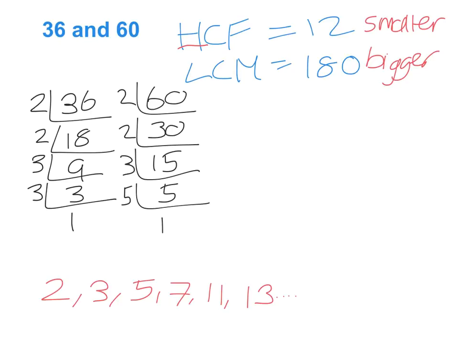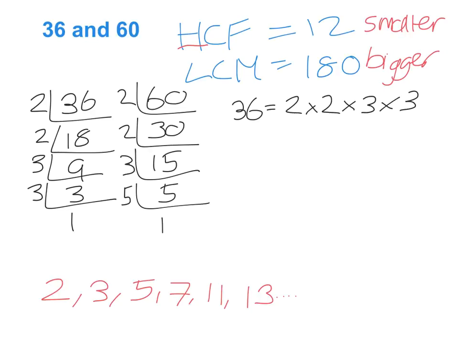Once you've got both numbers split into their product of primes, we're going to write them out as two sets of multiplications, so we can then look for pairs and look for how much each number comes up. So for 36, we have 2 times 2 times 3 times 3.